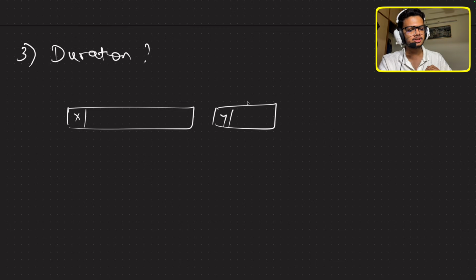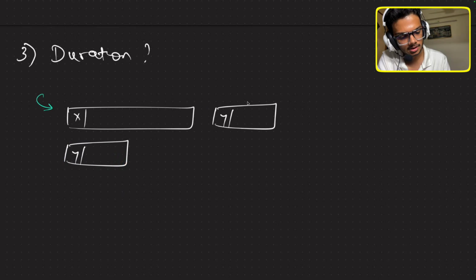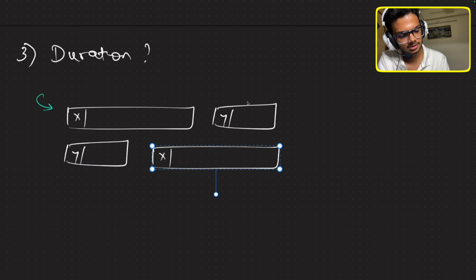Now pay your utmost attention here. What if we have something like this? A larger duration task is coming before a shorter duration task. But instead of this, if I just swap the order, that is, I bring this guy here and I bring this guy afterwards.